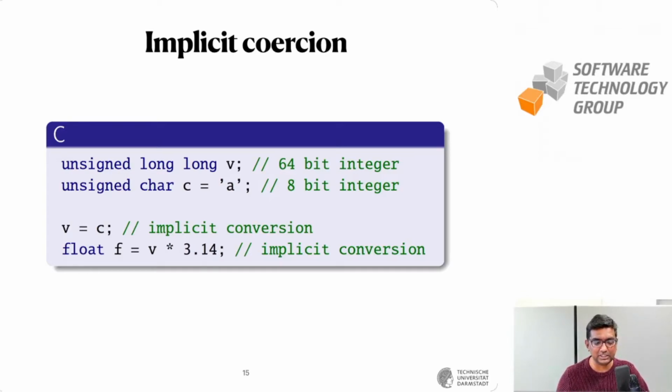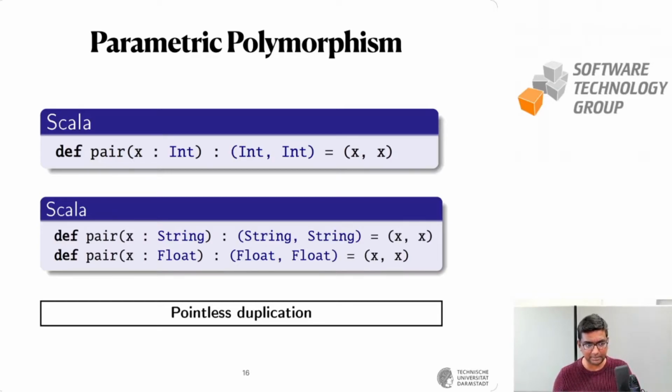So we have looked at different variants of ad hoc polymorphism. Let's look at parametric polymorphism. Here you have an example in Scala, where we have redefined the function pair for strings and floats.